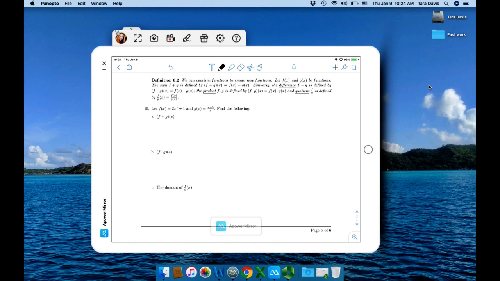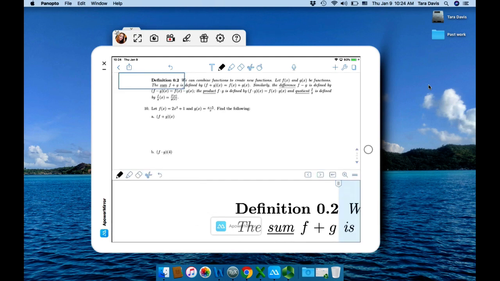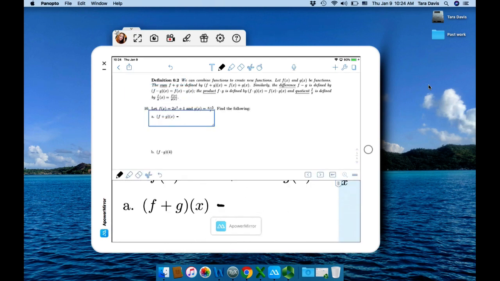For example, f plus g of x. By the definition, this is equal to f of x plus g of x. Now, that's by the definition of sum.